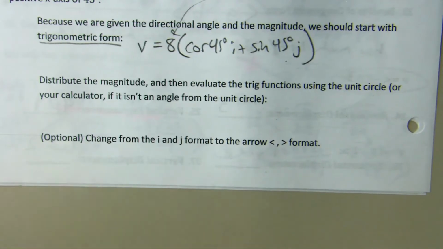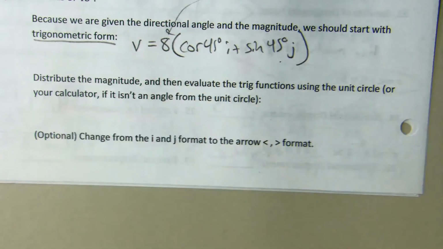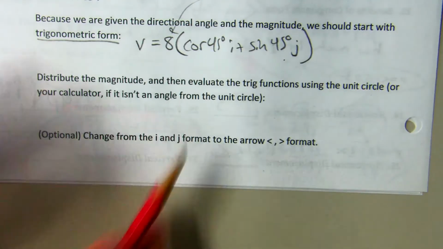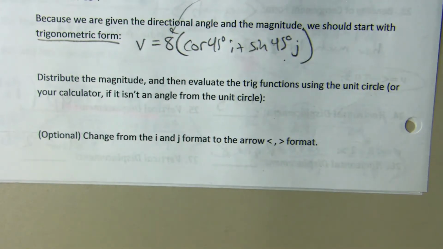So next, we need to distribute that 8, and you should know the cosine of 45 and sine of 45. So go ahead and fill that in, see what you get.